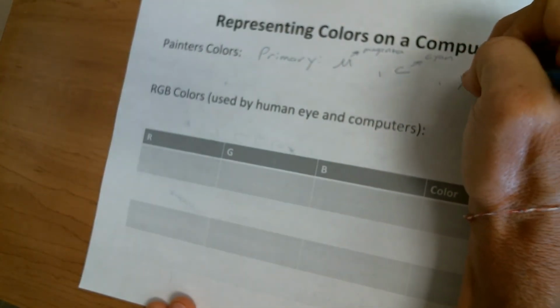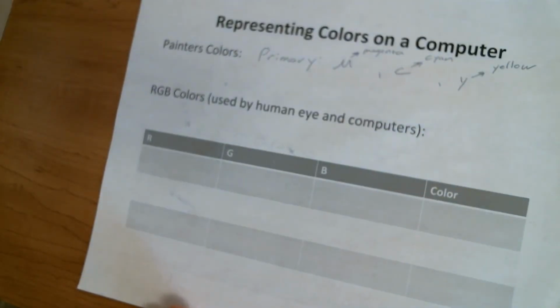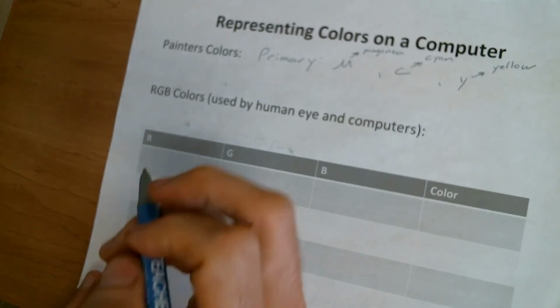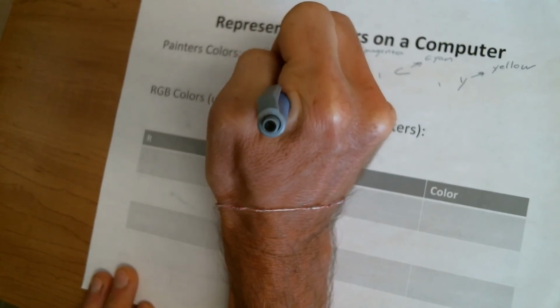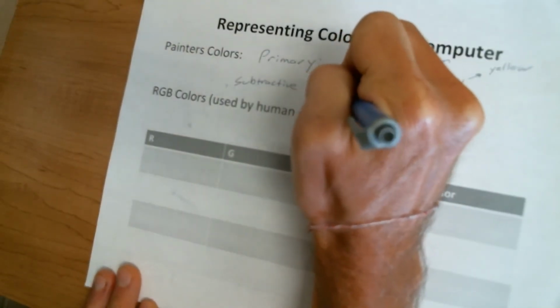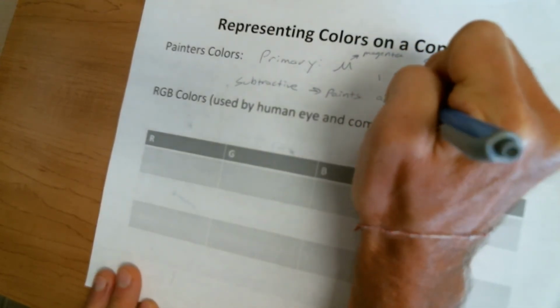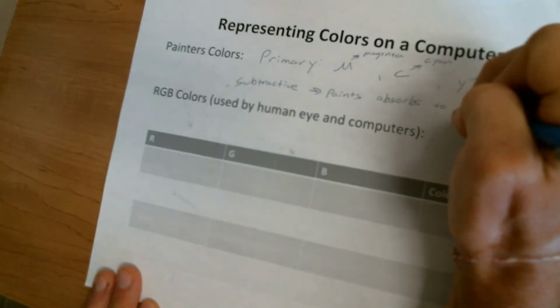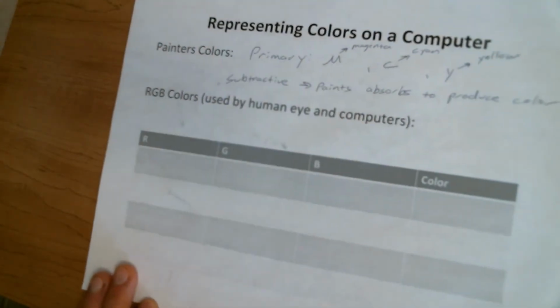And yellow, that one seems to make a little more sense. All right. Now, paint is what's called subtractive. All right, which means that the paint absorbs light to produce the color.